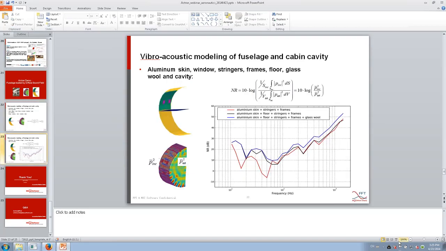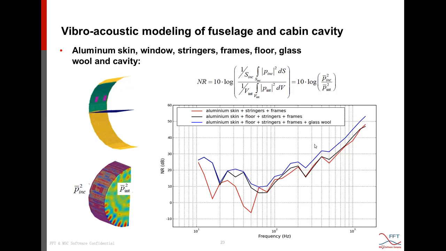Now coming back to our last slide, we see that by varying the parameters or adding different design components, this noise reduction curve will also change. For example, from the red curve, including the aluminum skin and stringer frames, to the black curve that adds a floor modeled in the problem, we see that the change is mainly in the lower frequency range.